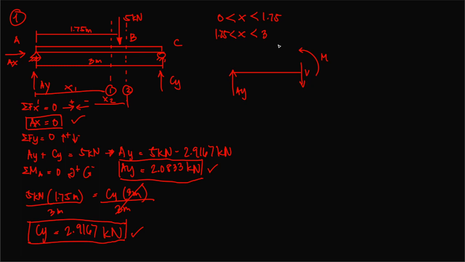And then we'll be solving for V and M. So V would be equal to Ay, since they're the only forces there. So we know that Ay is 2.0833. So that will be the answer.